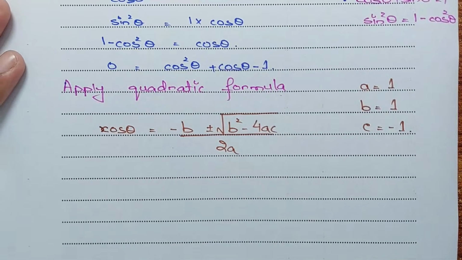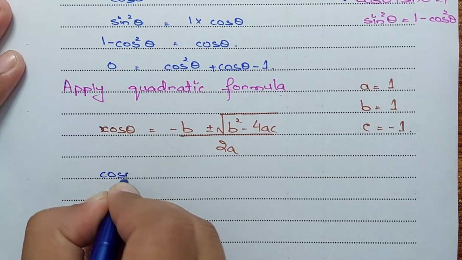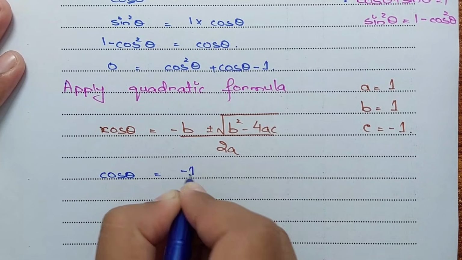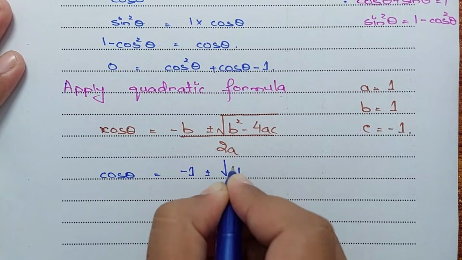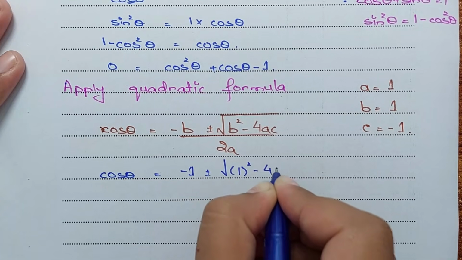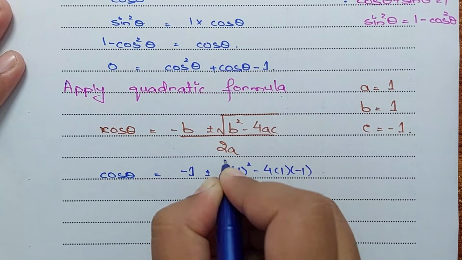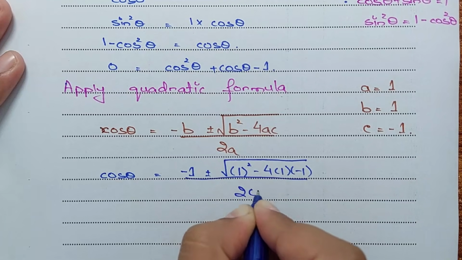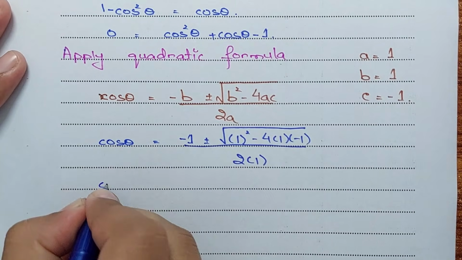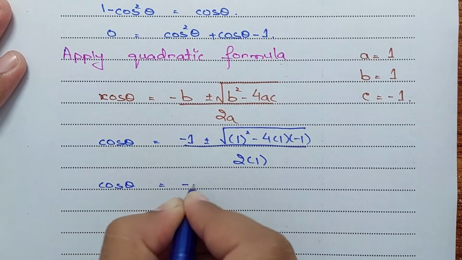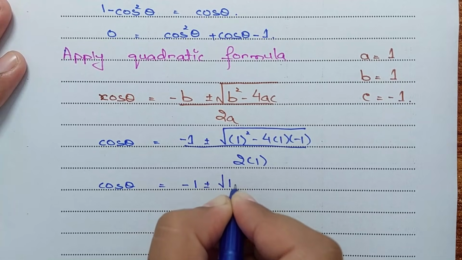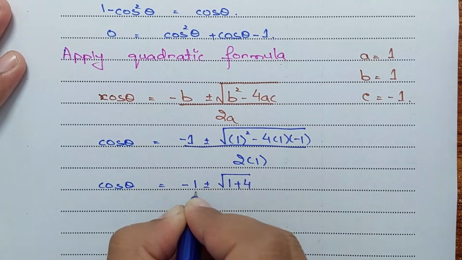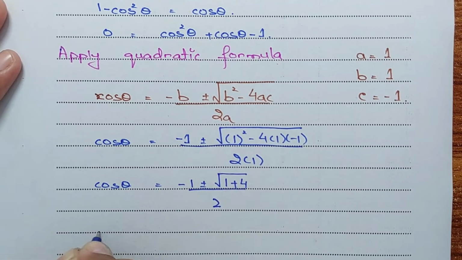Okay. Now let me simplify. We have cos theta, the b value is 1, root 1 square minus 4 into 1 into minus 1, divided by 2 times 1. The a value is 1. Now from here cos theta is equal to minus 1 plus minus root 1 plus 4 divided by 2.